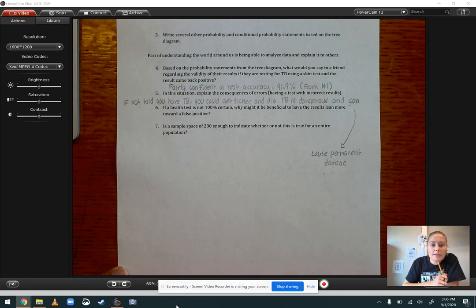If a health test is not 100% certain, why might it be beneficial to have the results lean more towards a false positive?